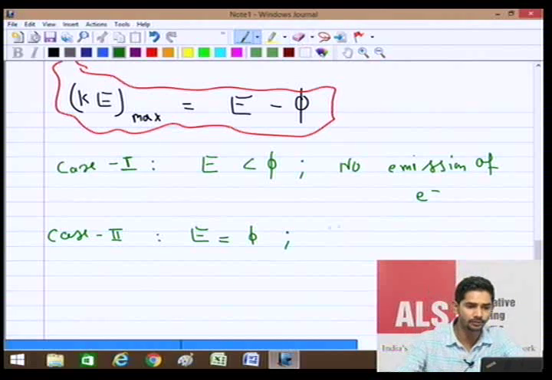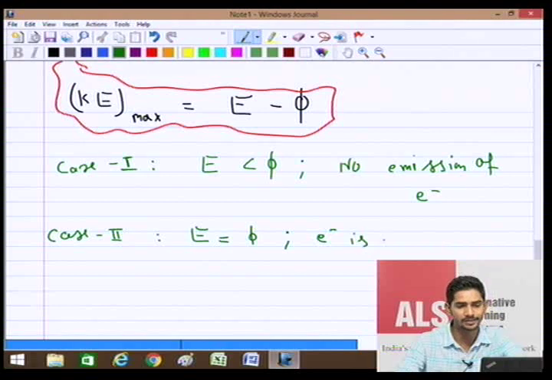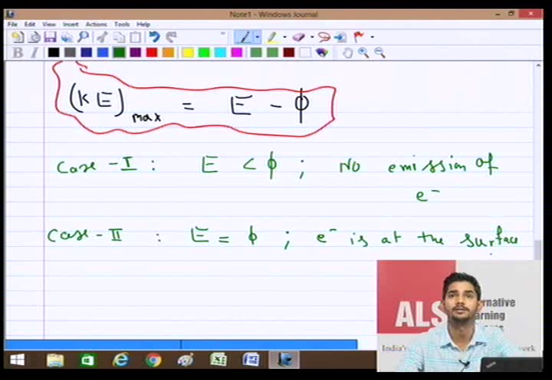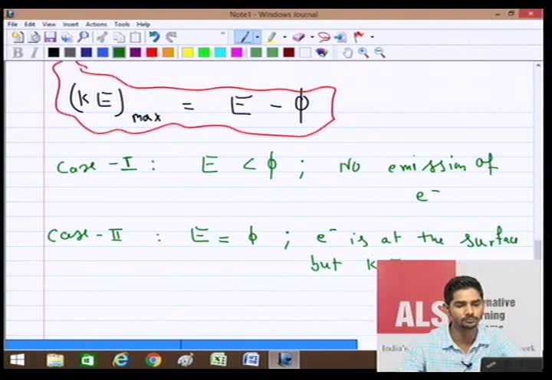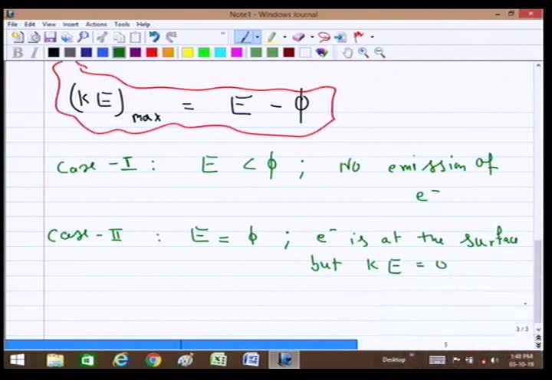So here, actually electron is at the surface. Yes, emission will take place, but kinetic energy will be 0. That's what I mean. In the second case, electron will be at the surface of your metal, and kinetic energy would be 0 over there.